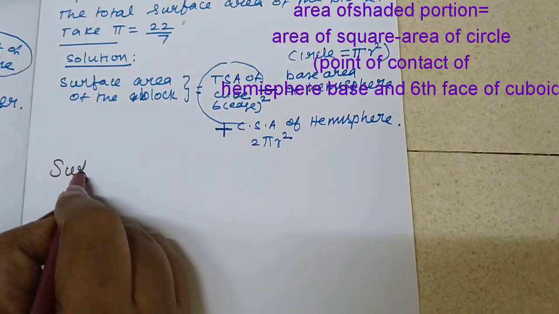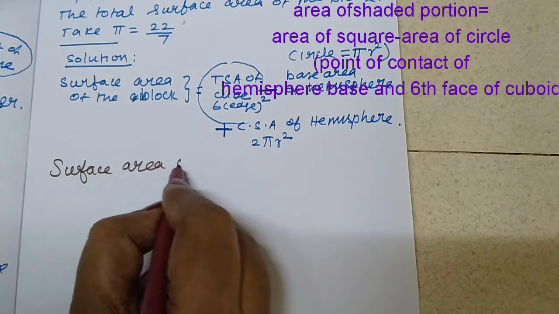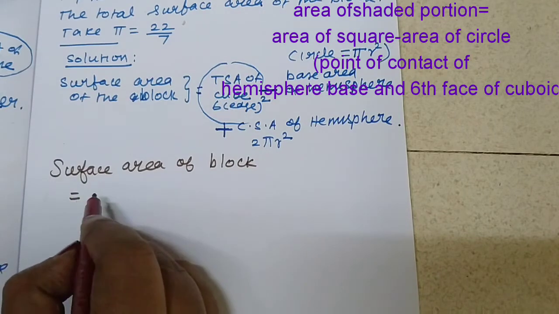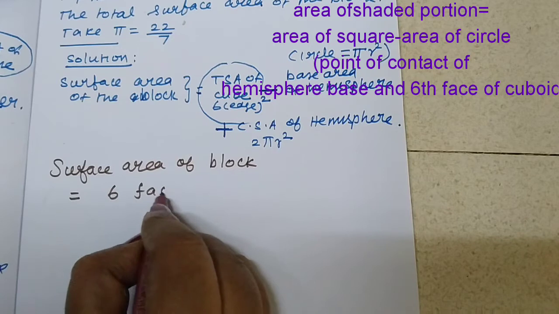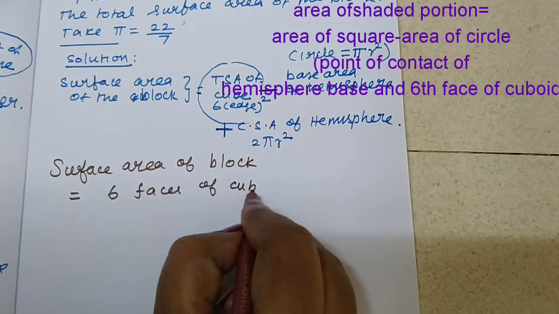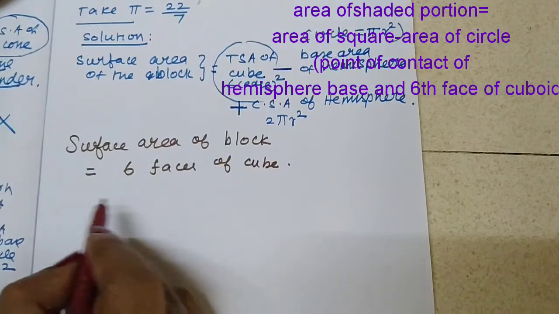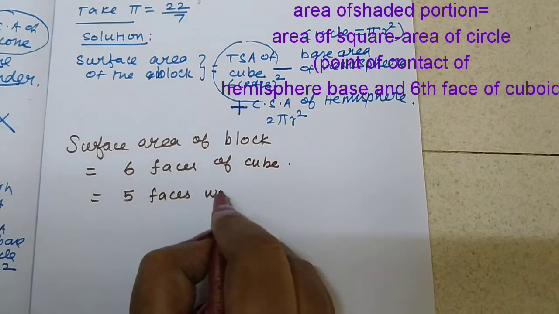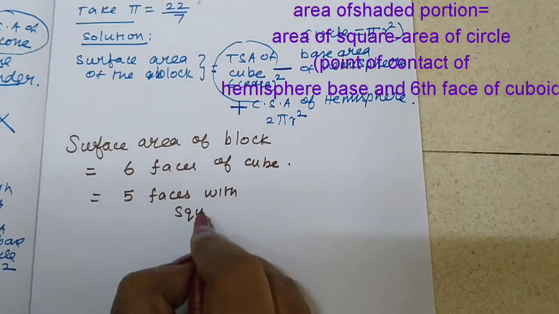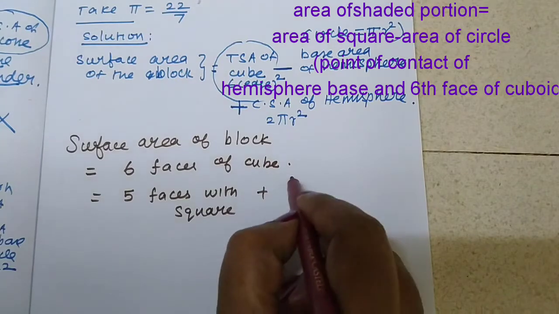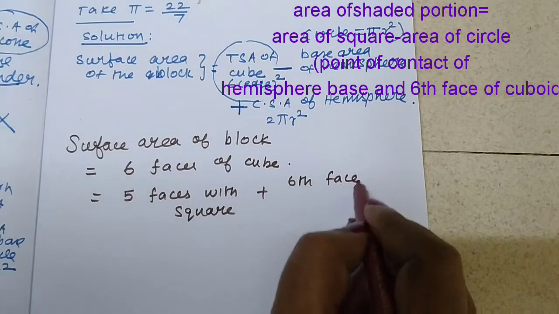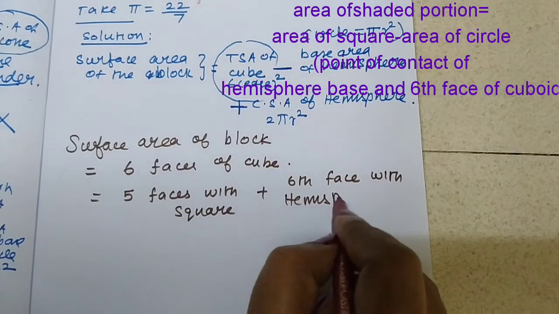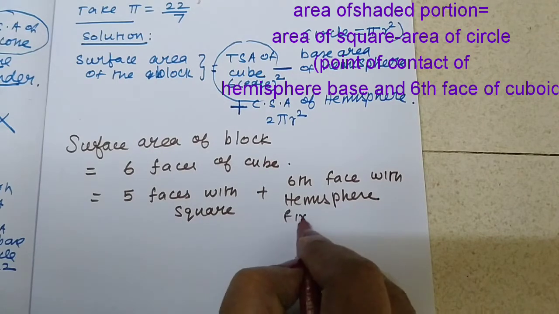So the surface area of the decorative block equals 6 faces of the cube: 5 faces with the square area, the square, plus the 6th face with the hemisphere fixed on it.